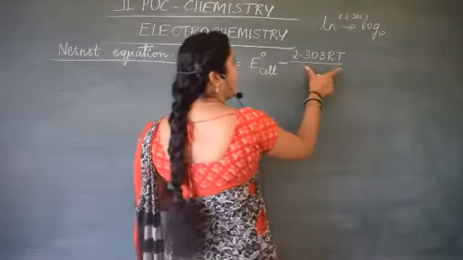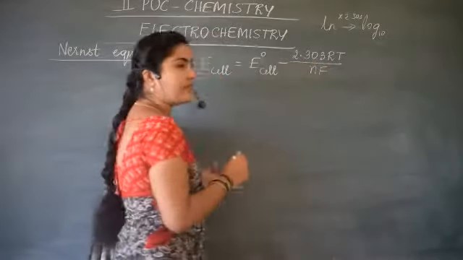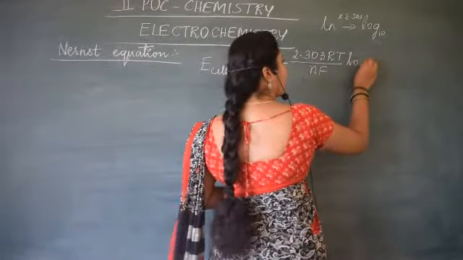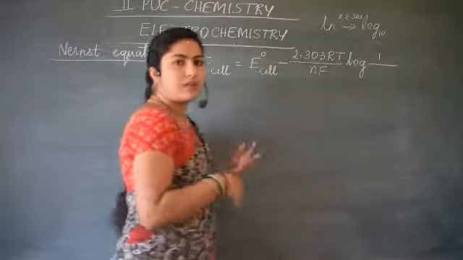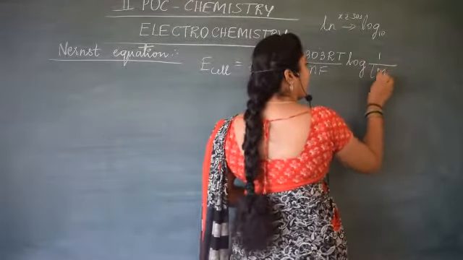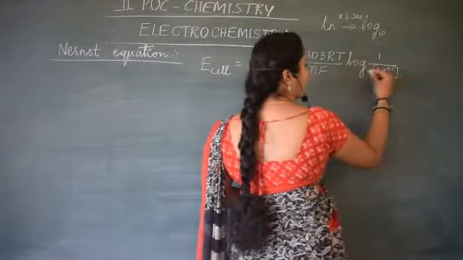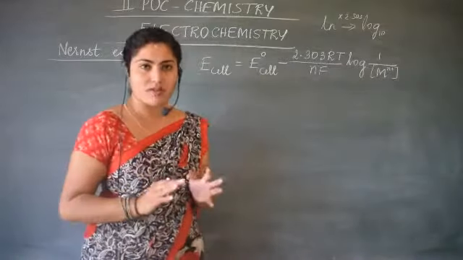So now 2.303 RT, since I am writing the general Nernst equation, NF log. If we consider the concentration of the metal electrode as 1, then we will be writing it as 1 divided by molar concentration of Mn plus, where Mn plus means the concentration of the metal ion there.